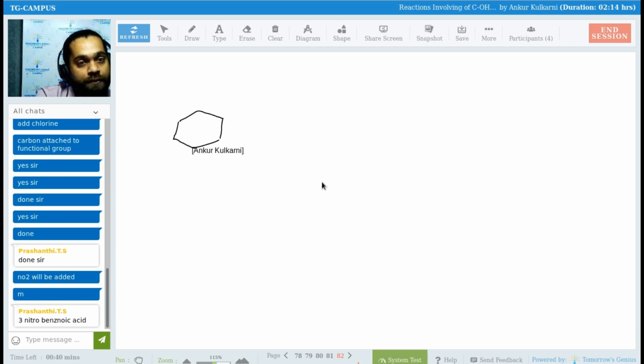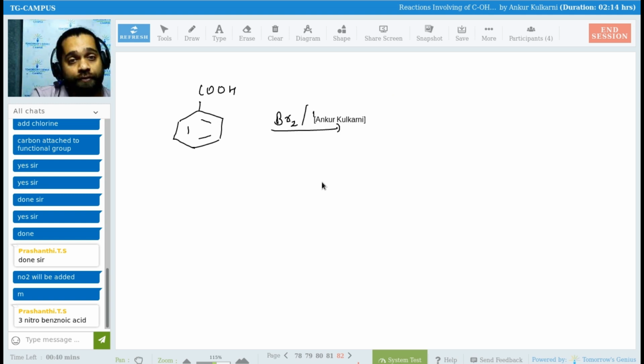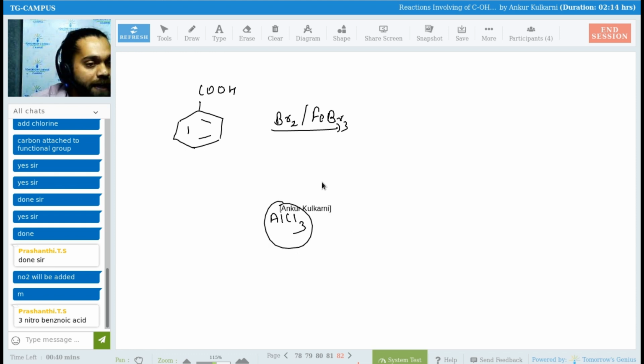Okay, now the same reaction happens if you are doing bromination in the presence of FeBr3. This reaction is just like AlCl3 and RCl. Where do we use AlCl3? Which reaction? Bhuvaneshwari, Prashanti, do you remember? We have done this.